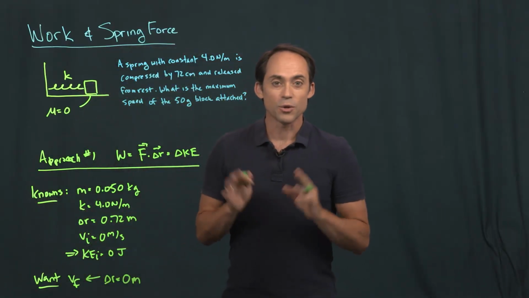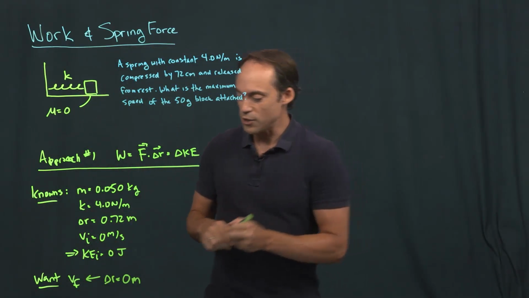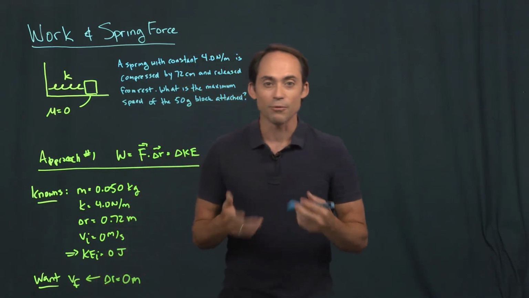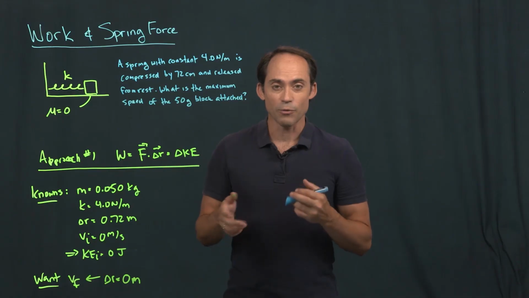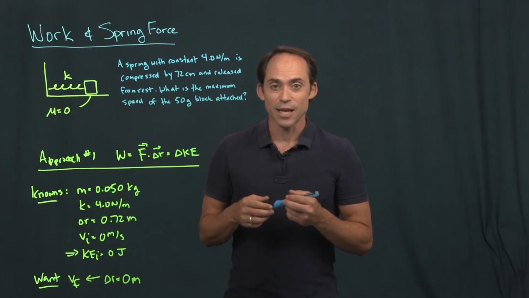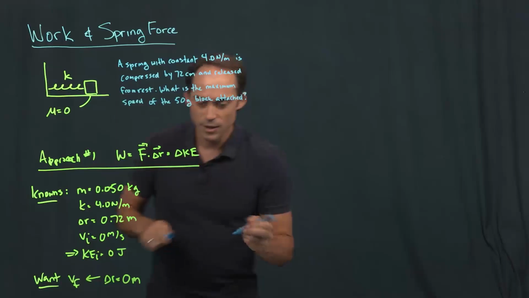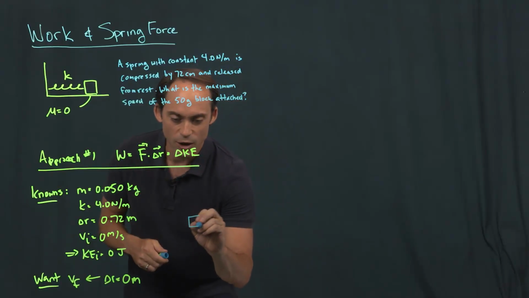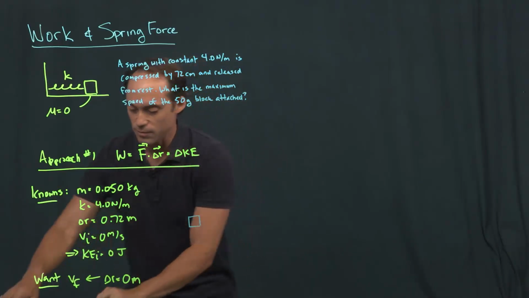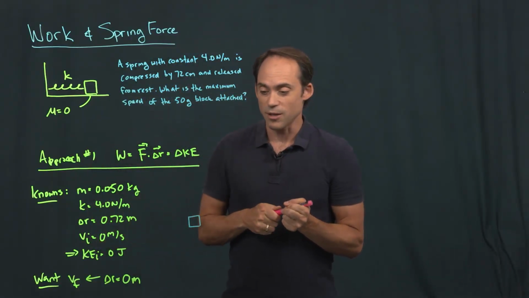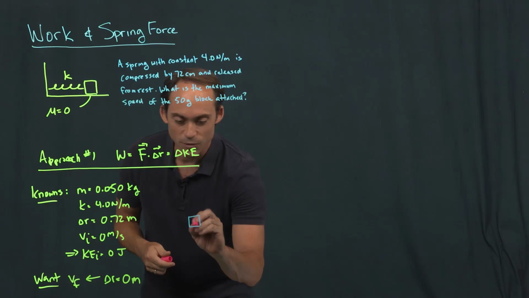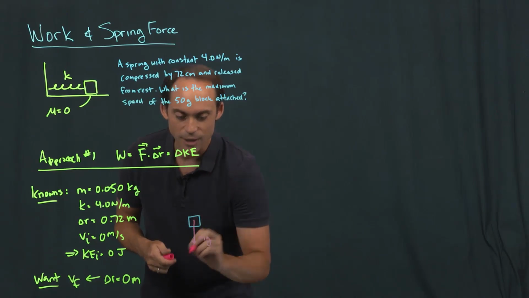Okay, so if we're approaching this from the work-energy theorem, it's important to now draw a force diagram so that we can see where the forces are acting and what forces we have to take into consideration in the direction of motion. So let's schematically draw our block attached to our spring. And now let's look at the forces that are acting on this block. The block has a mass, so we've definitely got a weight vector that's added here.